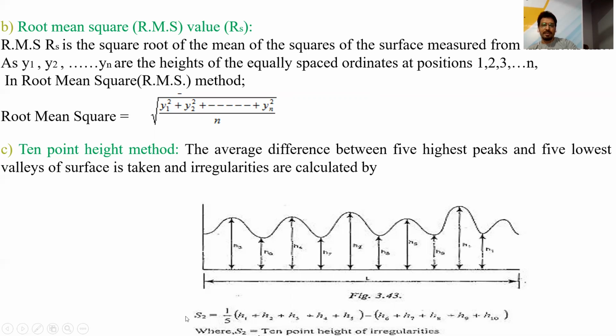In this way we calculate the value of roughness using the 10-point height method, and the roughness is represented by RZ. If the value RZ is written, it means this is the value of roughness calculated by the 10-point method.